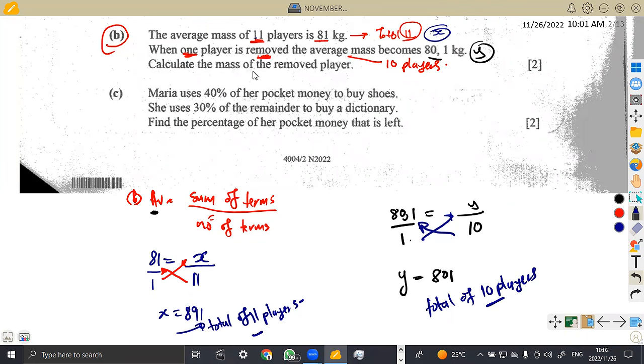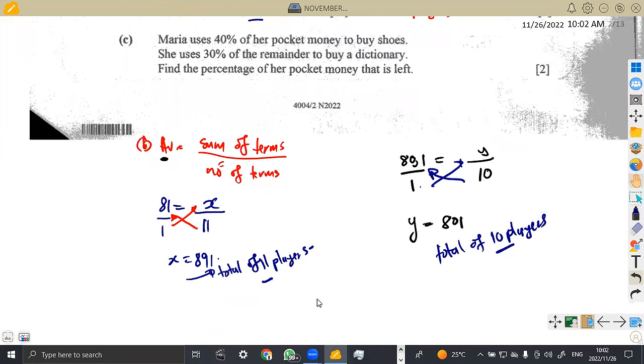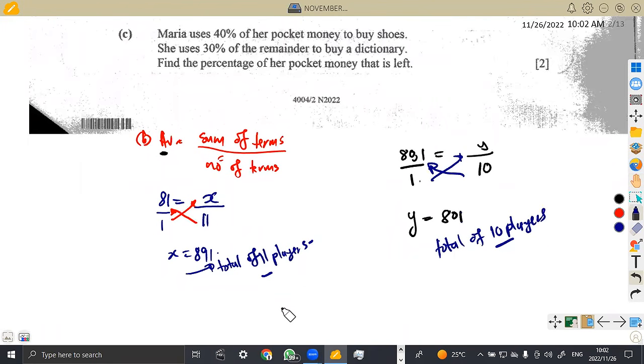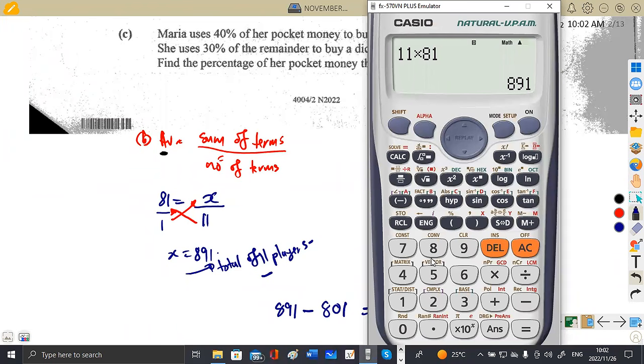The question is calculate the mass of the removed player. So we just have to subtract the total of the 10 players from the total of 11 players. So the mass that we need is going to be 891 minus the total for the 10 players, because we have removed 1 player, it is now 801. So that's 891 minus 801, which is going to be 90 kgs.